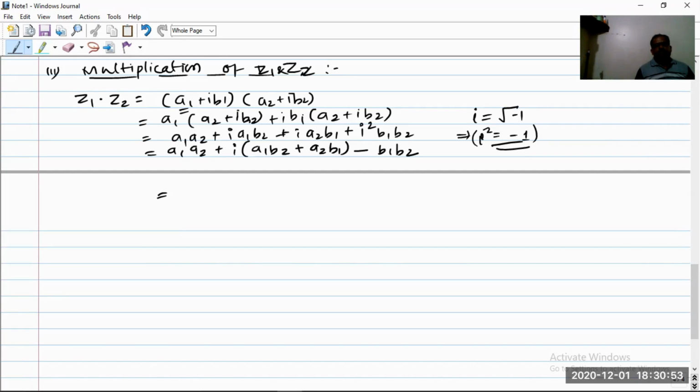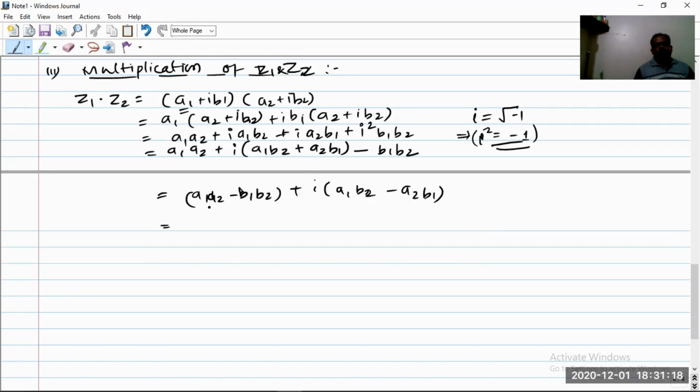Taking the like terms together, a1 a2 minus b1 b2 in one bracket, plus i times a1 b2 plus a2 b1. Again, as we know, a1, a2, b1, b2 are real numbers, so their product as well as the difference of the products will also be a real number.